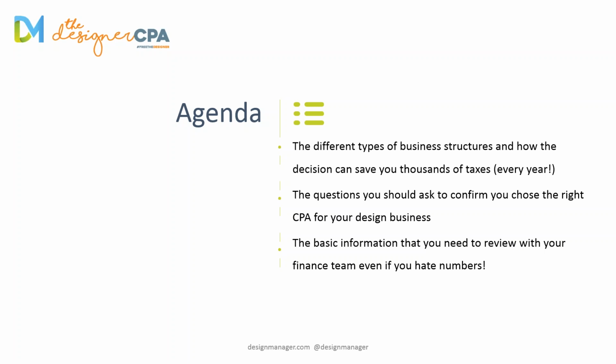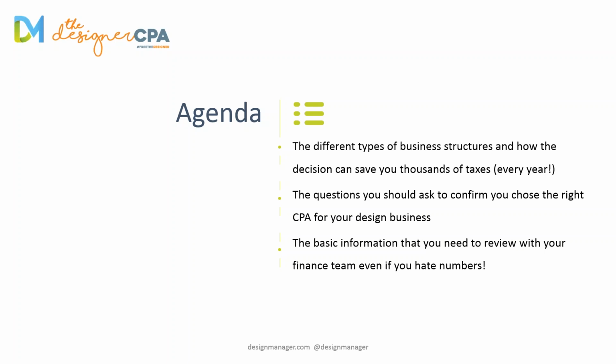So just to go over the agenda, like we said, we were going to talk about the different types of business structures and how the decision can save you thousands of taxes every year. That's not just a one-time thing. The questions you should ask to confirm you chose the right CPA for your design business. And also, we're just going to briefly go over some of the basic information that you need to review with your finance team, even if you hate numbers.